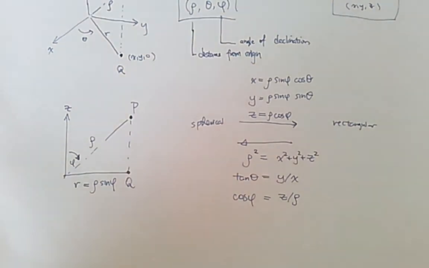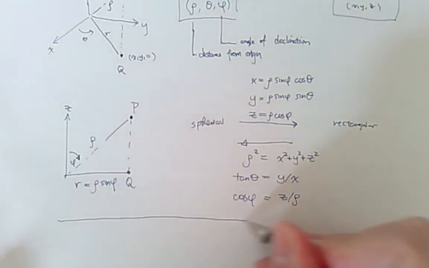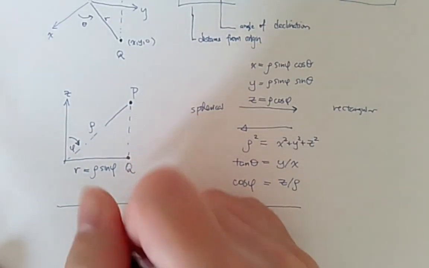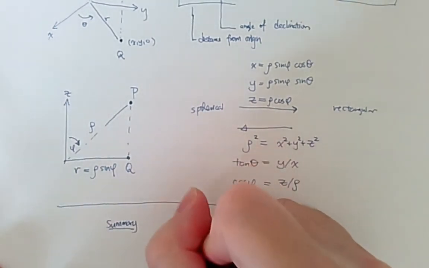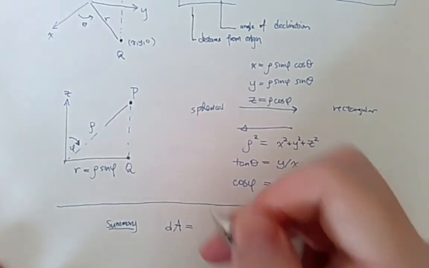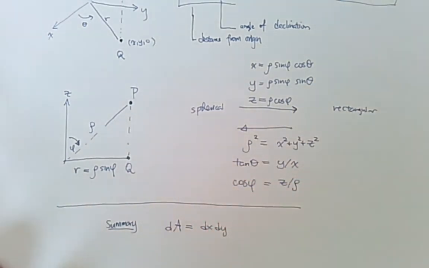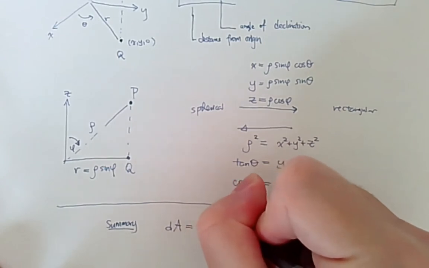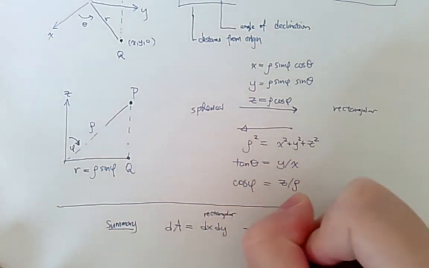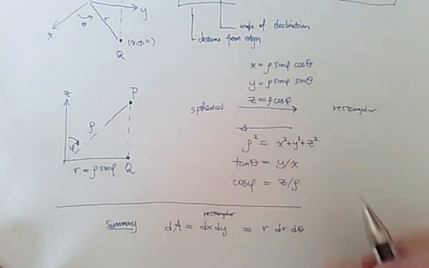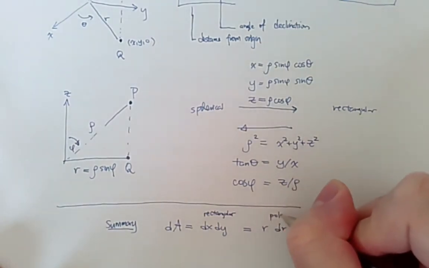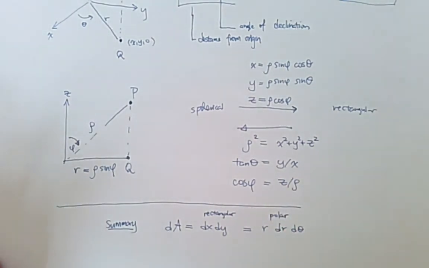And also next time we're going to see a general approach for doing these kind of things without using so much geometry. So instead, I will simply tell you the mnemonic, also as a summary. Okay, so here's summary of today. We started with dA, and that's equal to dx dy. That's the rectangular mnemonic. And today we saw that polar coordinates, if we integrate in polar coordinates, then we need to stick in an r there, and we very carefully derive this r using geometry.